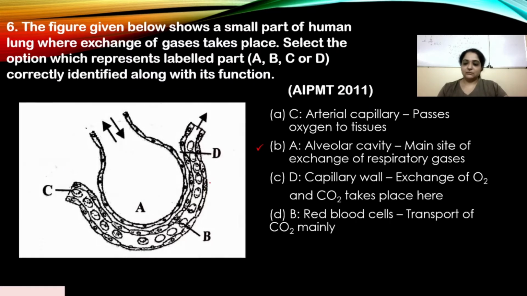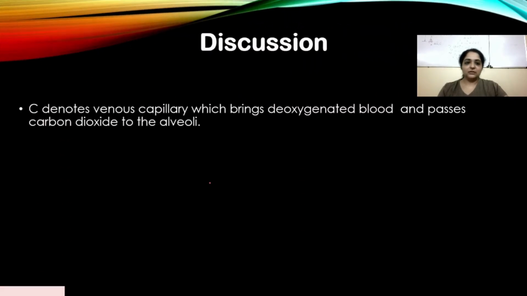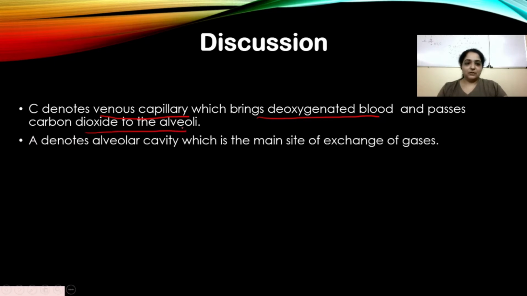Okay, let's look at the discussion here. So C denotes venous capillary, which brings in deoxygenated blood and passes the CO2 to the alveoli. A denotes the alveolar cavity, which is the main site of exchange of gases.